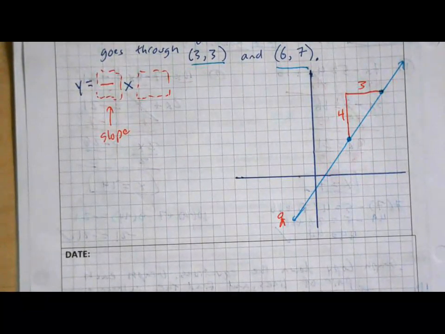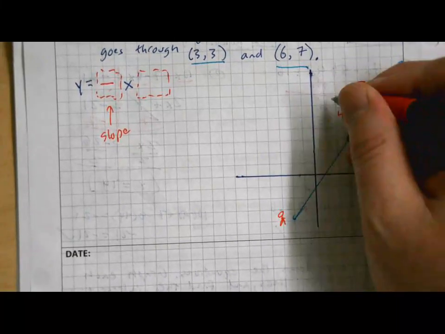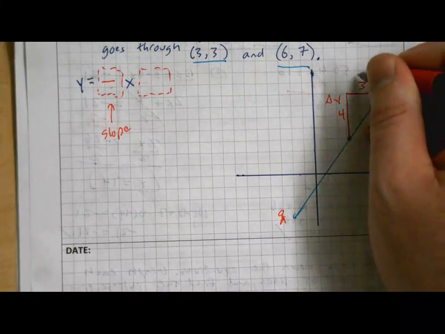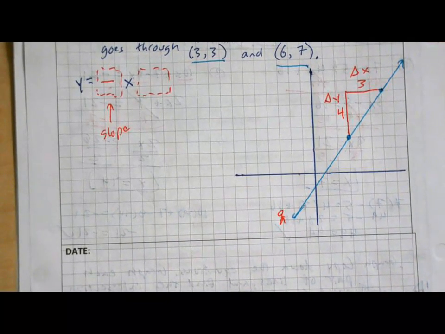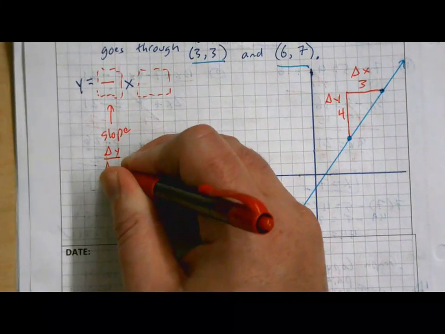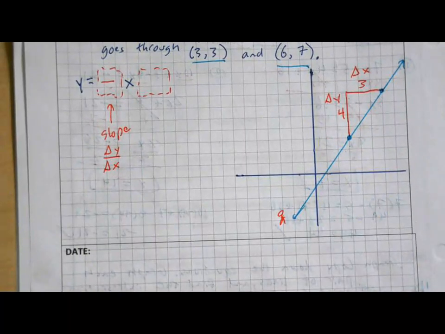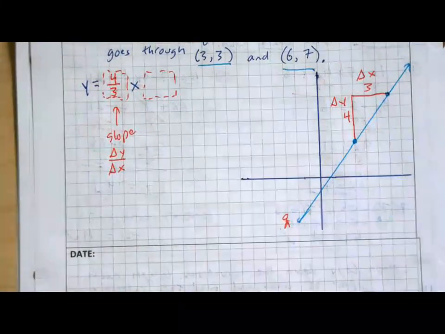The question is which one goes on top and which one goes on bottom. This would be our change in y, and this is our change in x. Which goes on the top for slope? Change in y goes on the top. Slope is change in y over change in x. So our change in y was 4, our change in x was 3.